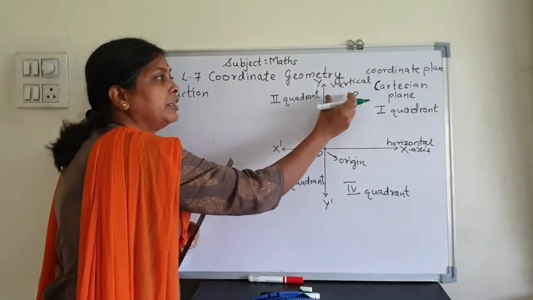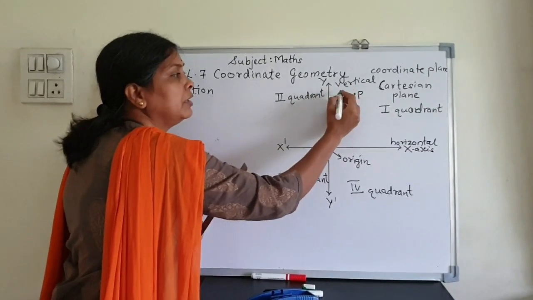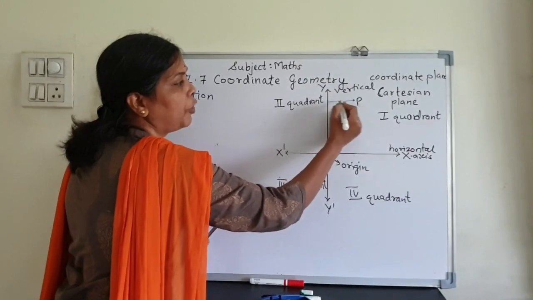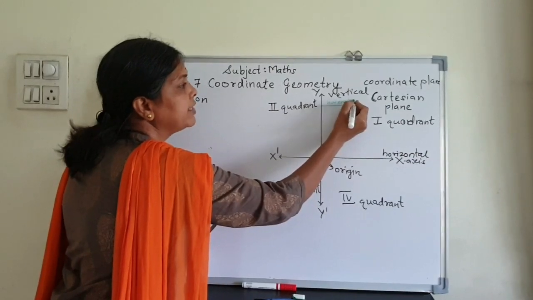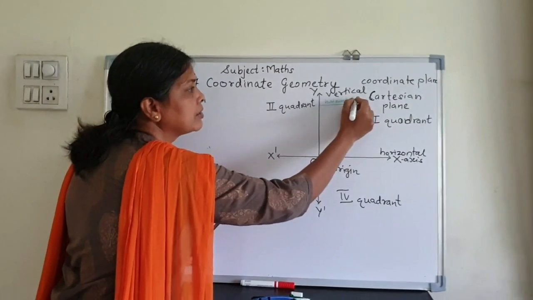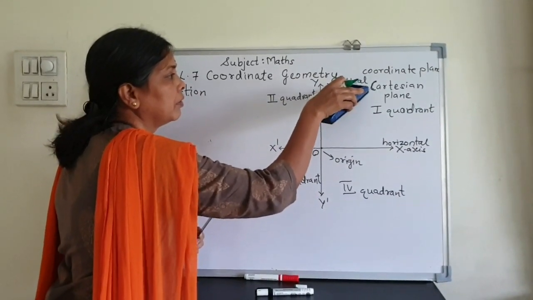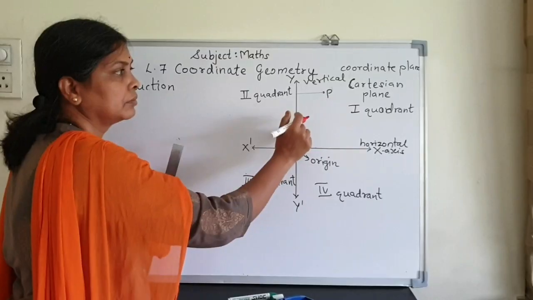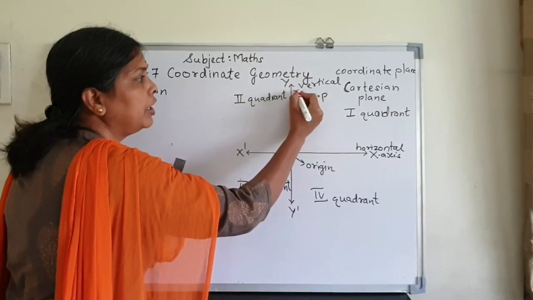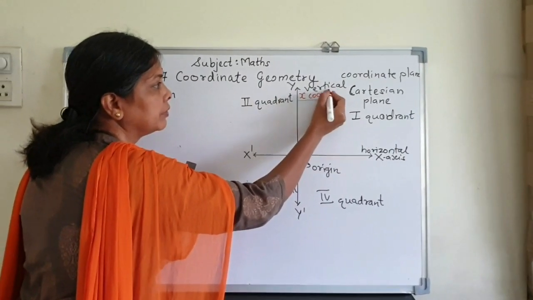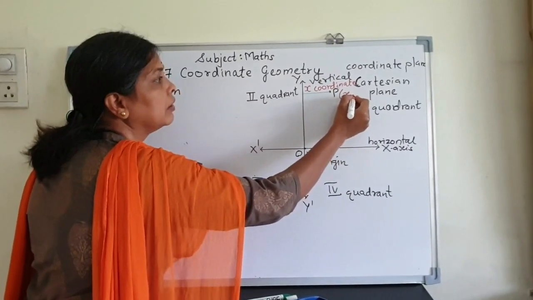Now what is this distance called? The distance from the y-axis to the point, that is the horizontal distance, right? That is nothing but the x coordinate. So the distance from the y-axis to the point is called the x coordinate, and we write it as x.